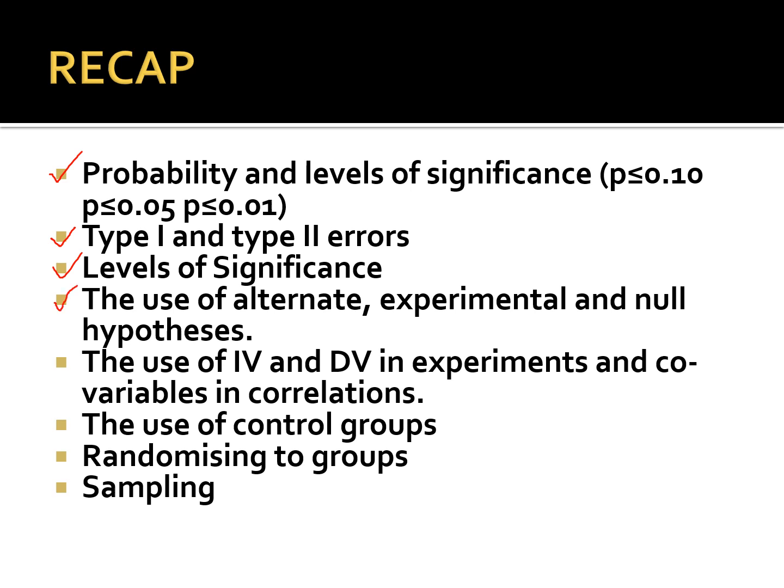Recap on the use of different types of hypotheses, so alternate includes correlational, but also look back at experimental and null hypotheses in cognitive. We've looked here at the use of covariables and correlations, but it's worth recapping on what an IV and a DV actually is in an experiment and how they're different so that you remember the differences between them.